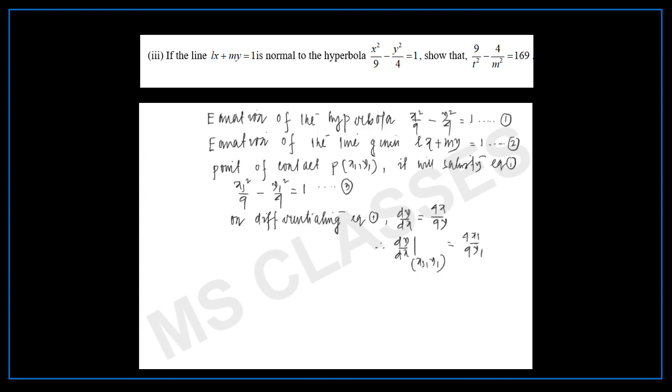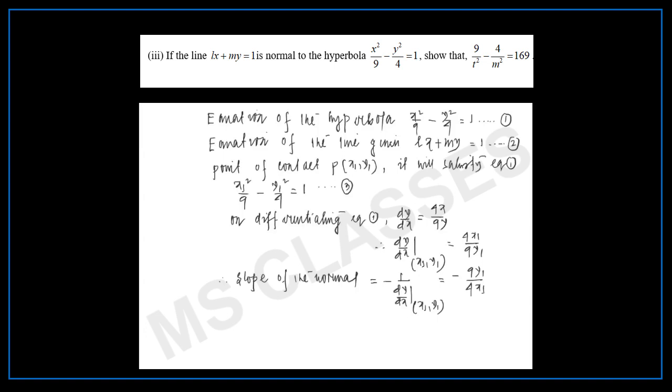That is the slope of the tangent. Therefore, slope of the normal equal to minus 1 by dy/dx at (x1, y1). So that is minus 9y1 by 4x1.